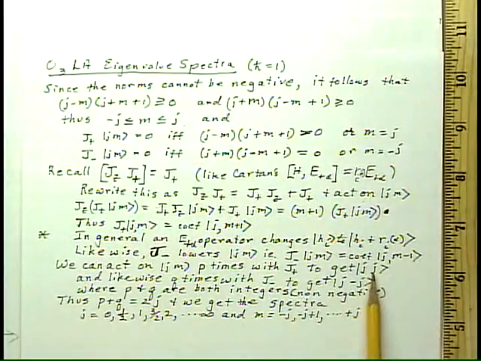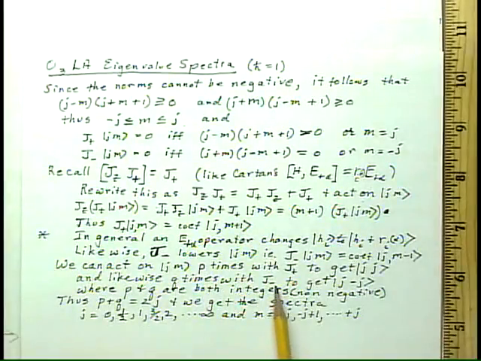Namely, we've raised the eigenvalue m as far as we can, and if we try to raise it any higher, we'll get a null vector. We could likewise lower it q times with J minus to get j, minus j, and we cannot lower it any more without getting a null vector.